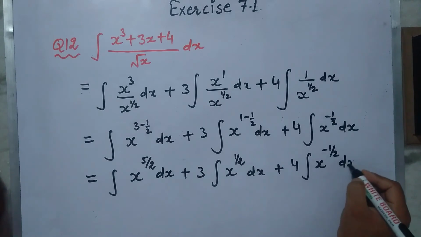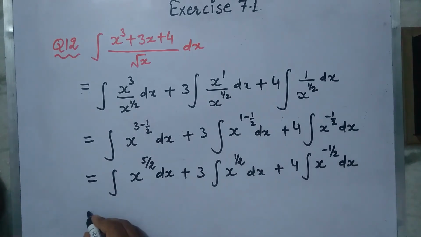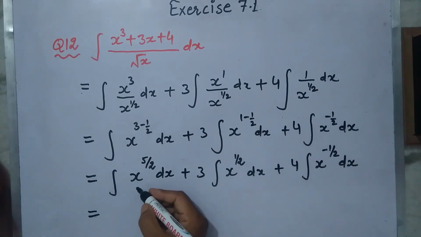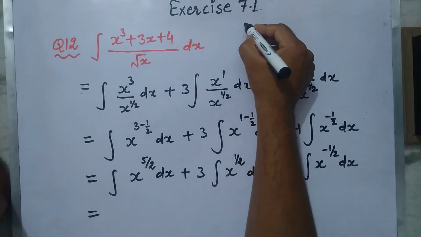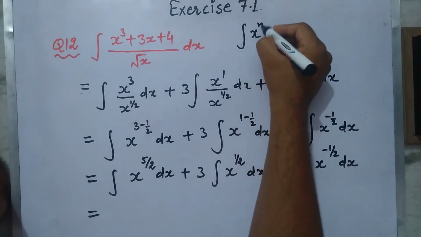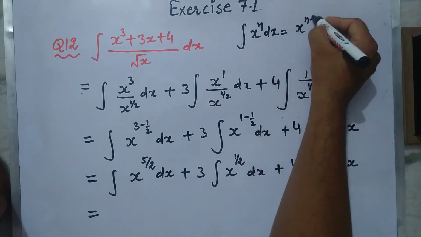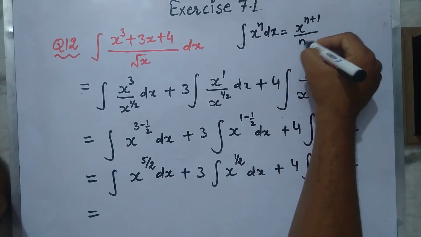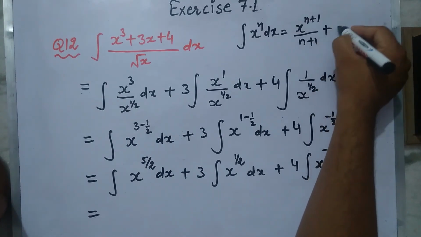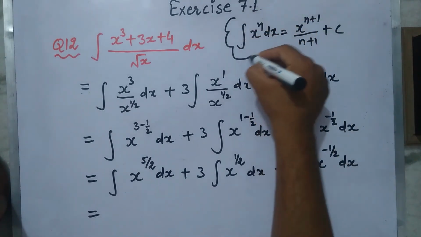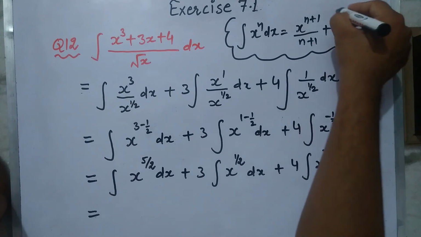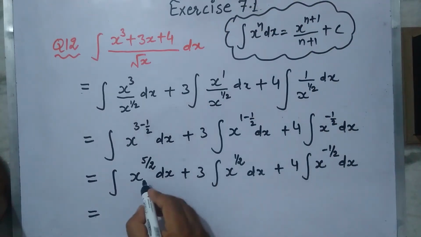So integrating now using the rule integration of x raised to power n dx is equal to x^(n+1) upon n+1 plus c. This is the rule we are going to follow for every part.